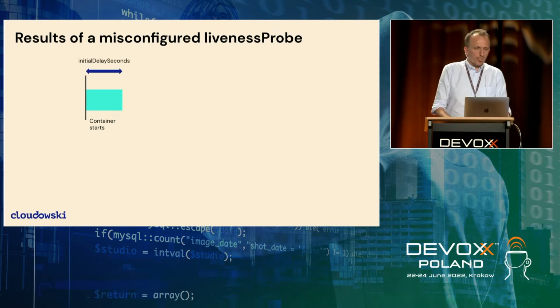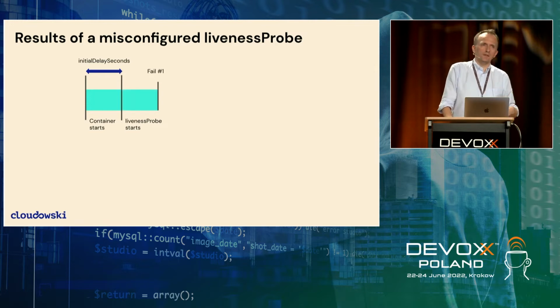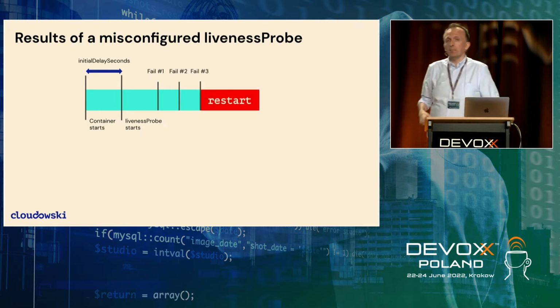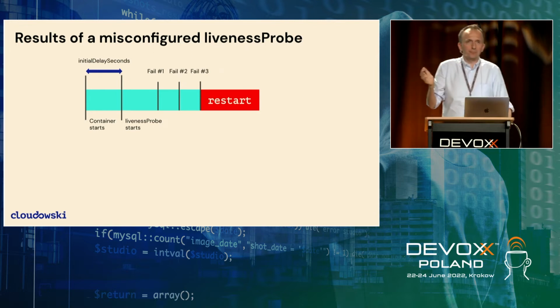So, for example, we had probes attached to every container with our apps, and we had the initialDelaySeconds parameter configured, which adds an artificial delay for the livenessProbe, and this is the probe that was very problematic for us. When 3 consecutive failures occur, the container gets restarted.